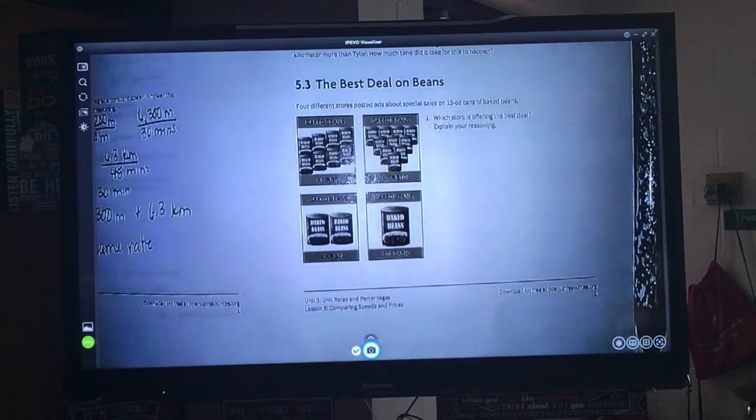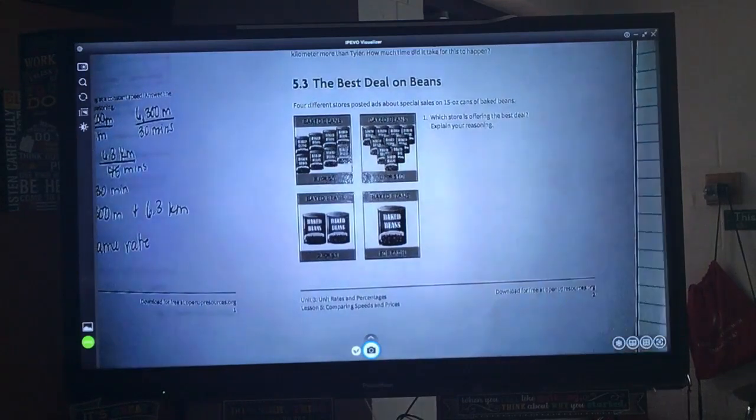Okay, so if I got 10 beans and the store that sold 2, I would have to pay $16, which is not the same as this. If I got 8, I would only have to pay $6. Wait, one second. It's 6 divided by 8.